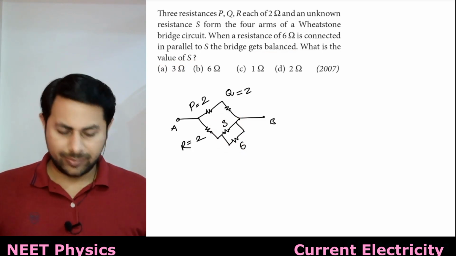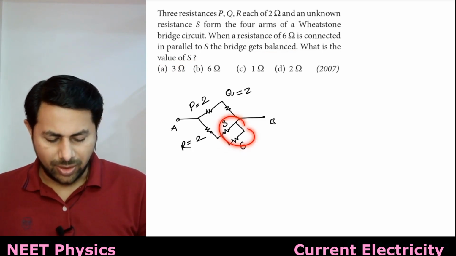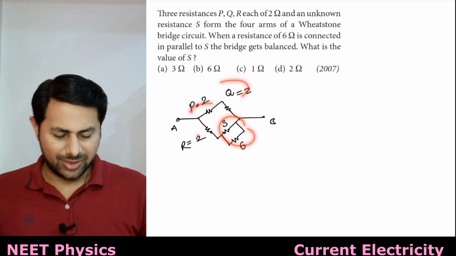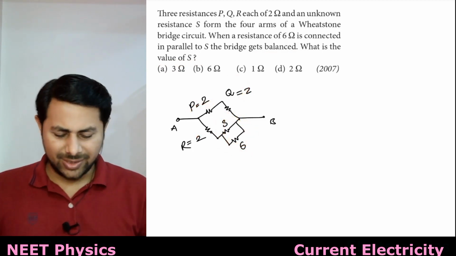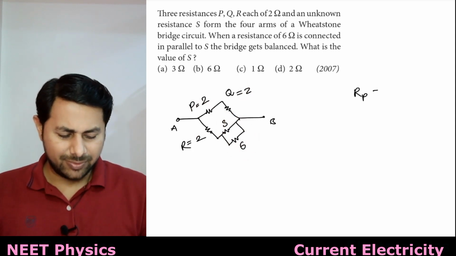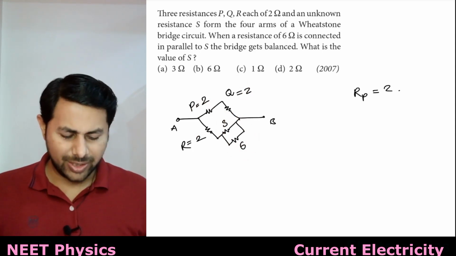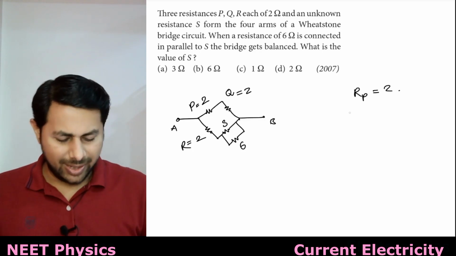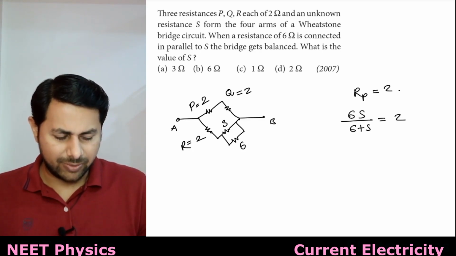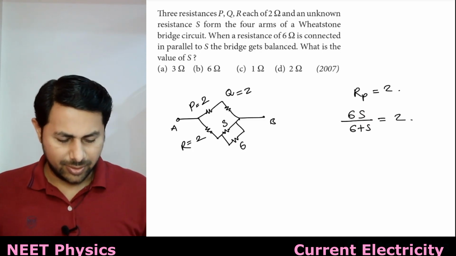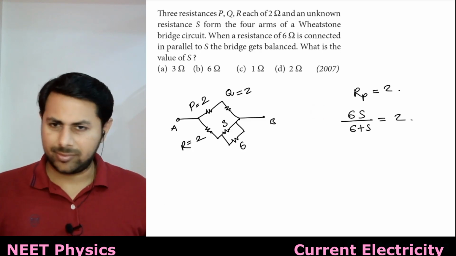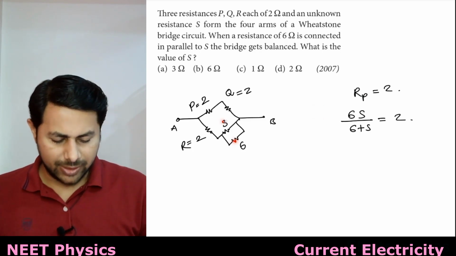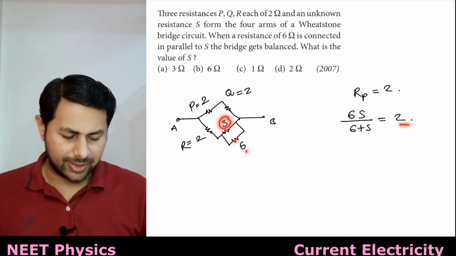So it's simple. If the bridge is balanced, then all the remaining 3 are 2, 2, 2. That means this parallel combination must be equal to 2, right? So Rp must be equal to 2. So what is Rp? Rp is equal to 6 times S divided by 6 plus S, R1 R2 divided by R1 plus R2, and that's equal to 2.